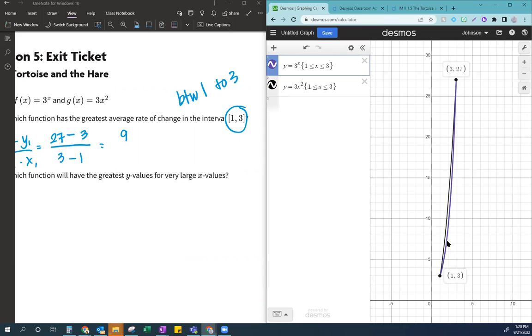Okay. So then here I get 24 divided by 2, which is just 12. So both of the rates of change are 12. I knew this because when I graphed it, I saw that they began at the same place and they ended at the same place. Therefore, their average rate of change is going to be the same.